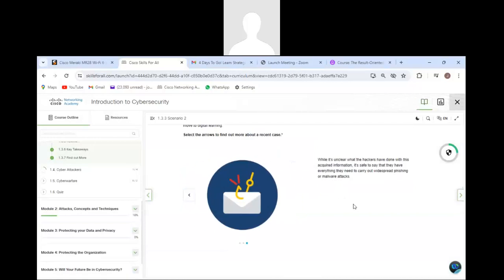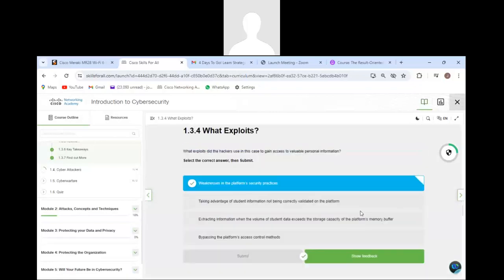While it's unclear what the hackers have done with this acquired information, it's safe to say that they have everything they need to carry out widespread phishing or malware attacks. What exploit did the hackers use in this case? The exploit they used is the weakness in the platform's security.